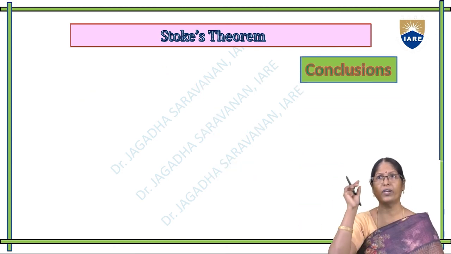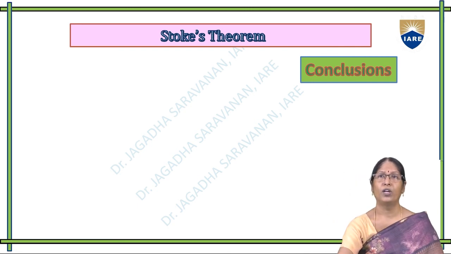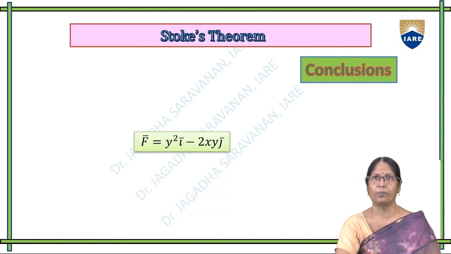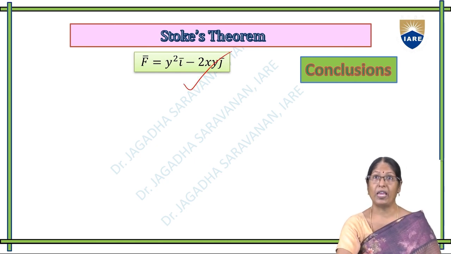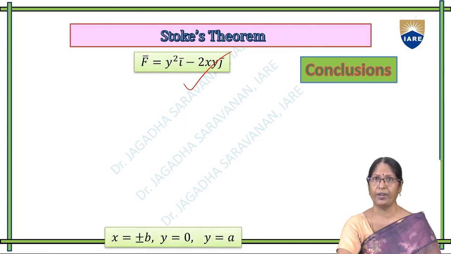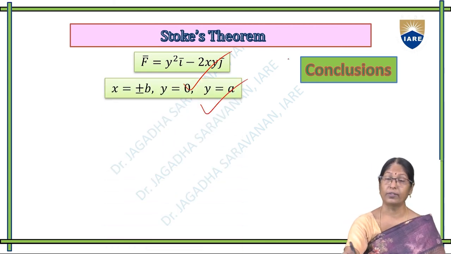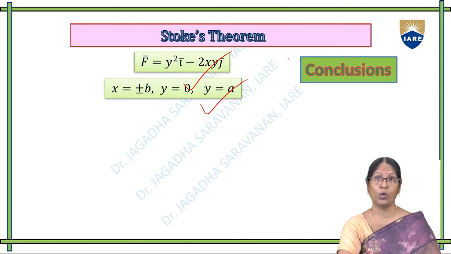So we will come to a conclusion of this topic, Stokes theorem. First, we have taken the function f equals y square i minus 2xy j, and this is the bounded region which is given: x equal to plus or minus b, y equal to 0 to a.